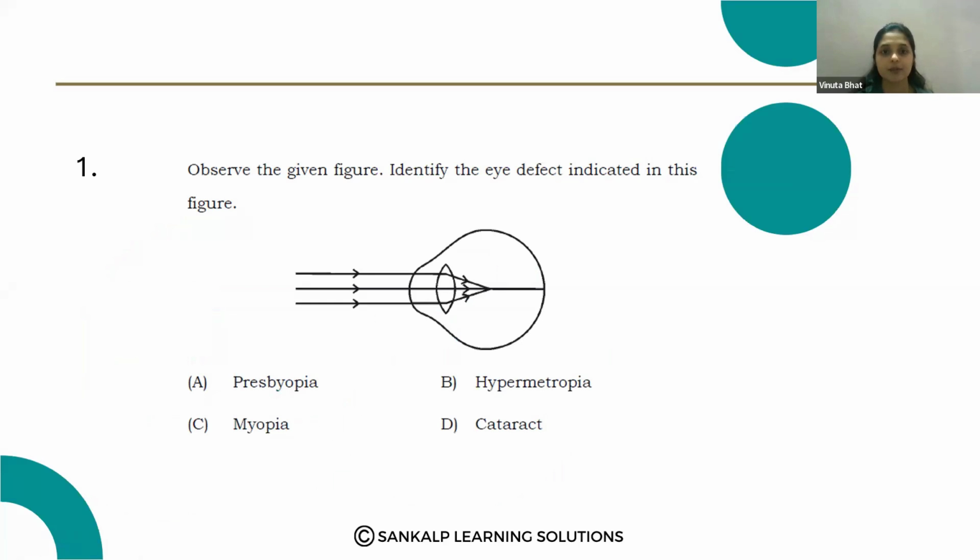Here we can see the formation of the image is not on the retina, it is just in front of the retina. So we can say that it is myopia. Option C, that is myopia. The correct answer is myopia.